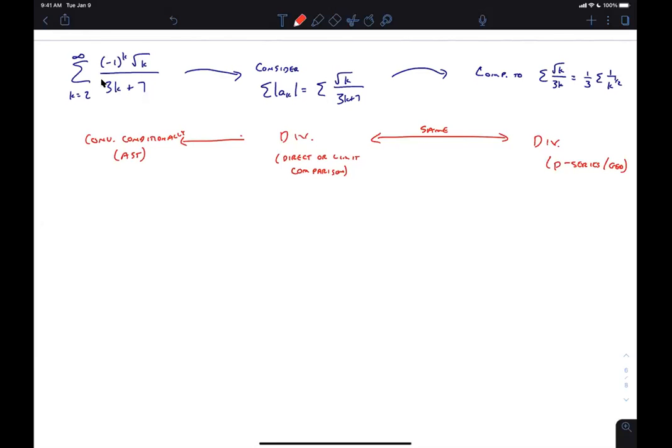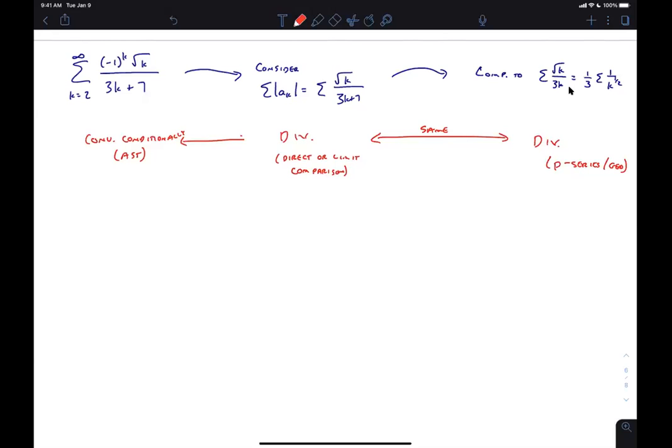What if this sequence did not go to 0? So what if it was like k over 3k? What do you think would happen? If it wasn't square root, if this was just k over 3k, then when you get over here, you get 1/3, which is weird.